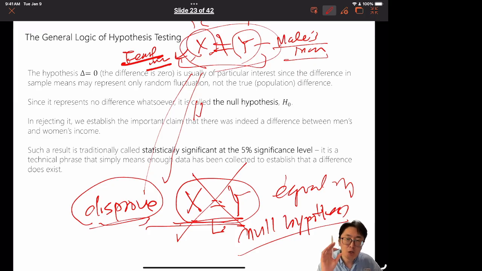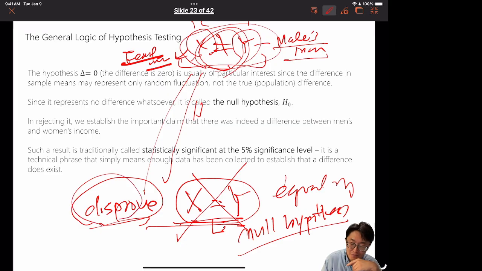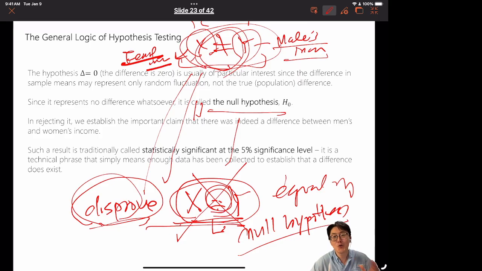So to prove your story, and your story is emphasizing difference, you are trying to prove your story of income inequality across gender by disproving the null hypothesis of equality between two different income groups. So this is the general logic of hypothesis testing.